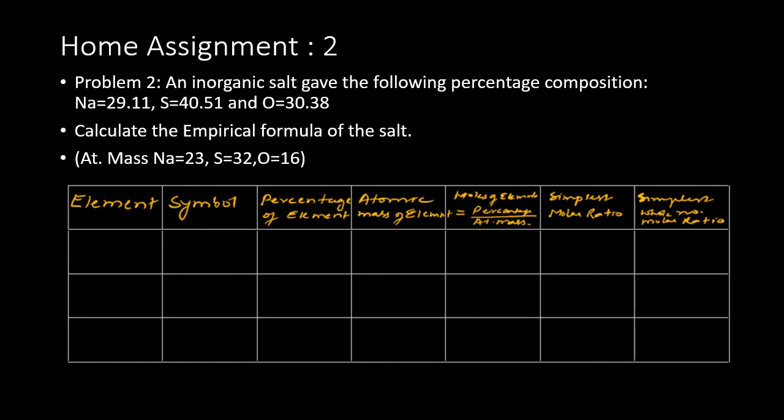We have to put over here first elements, then symbols, then percentage of the elements, then atomic masses, and with that you will calculate moles of elements, and then write simple whole number ratios, then simplest whole number ratios, and after that you can calculate the empirical formula mass, and then divide that empirical formula mass with the molecular formula mass, and you will get the things done.